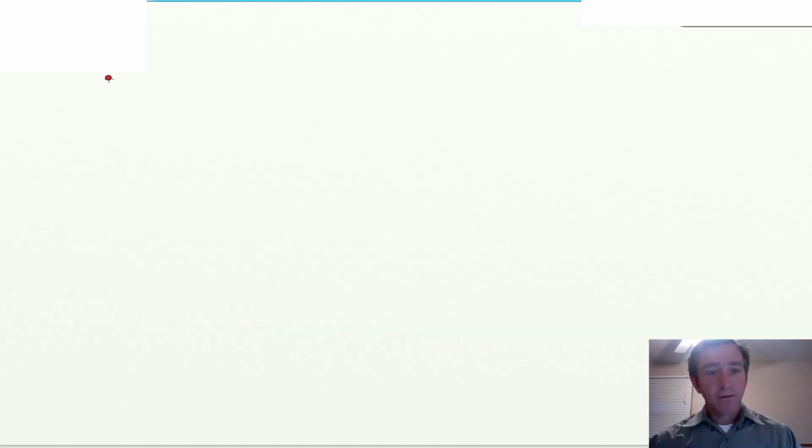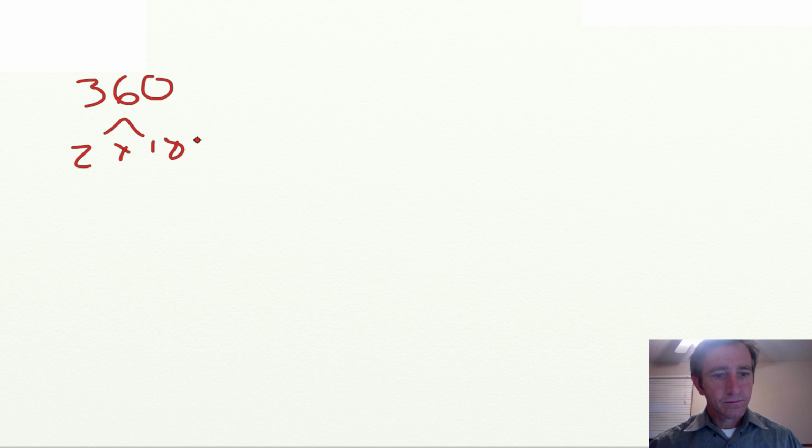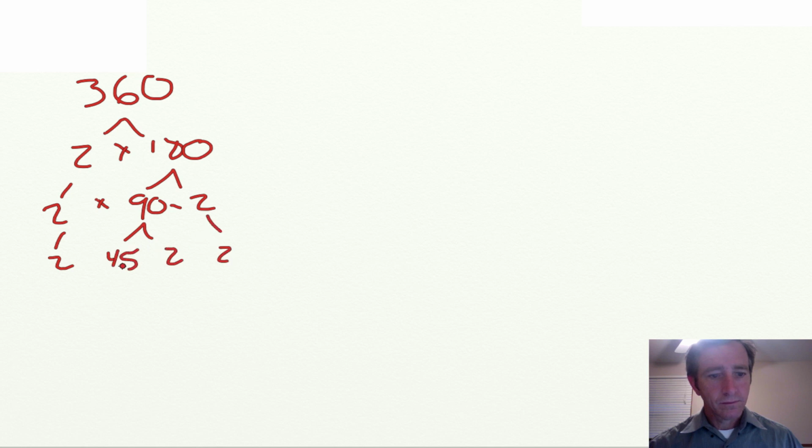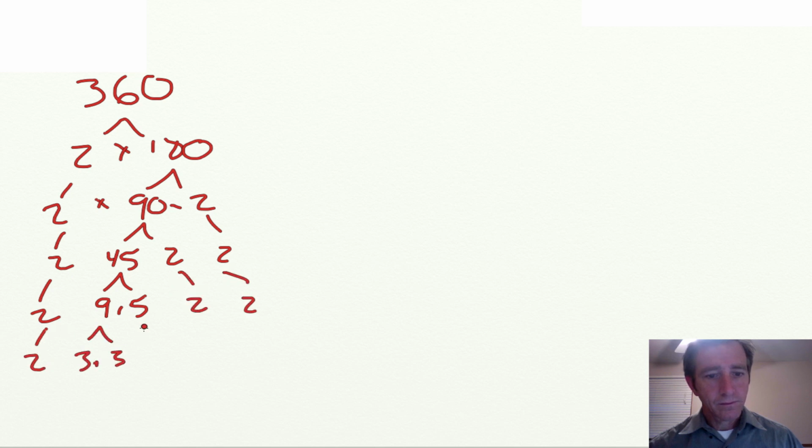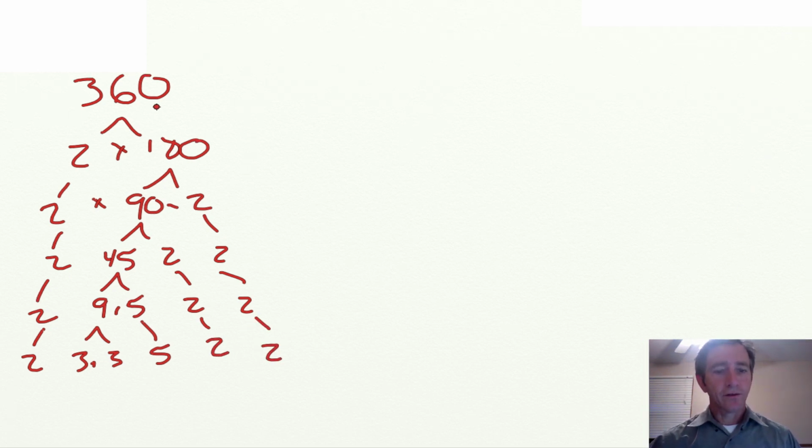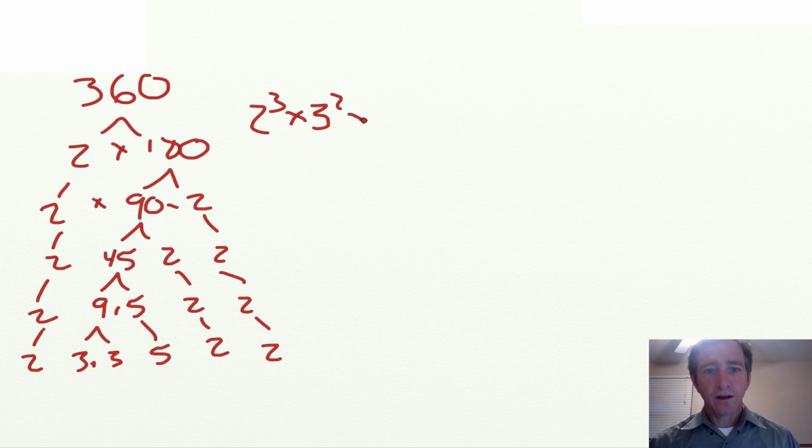Okay, we'll find the greatest common factor between 360 and 144. Factor this down. The factors of 360 are 2 to the third power, 3 squared, 5.